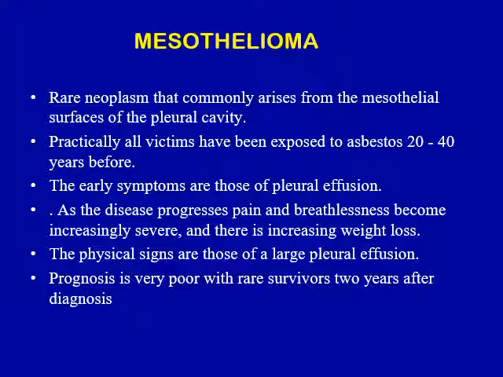But as the disease progresses, the pain and breathlessness become more severe, and there is increasing weight loss. The physical signs are those of a large pleural effusion. The prognosis is very poor, with rare survivors 2 years after diagnosis.